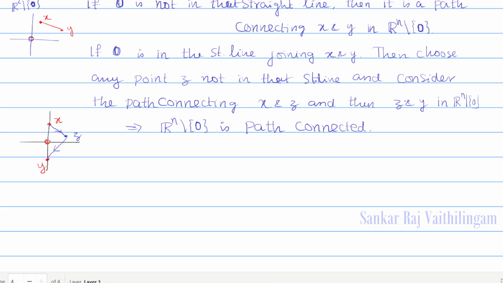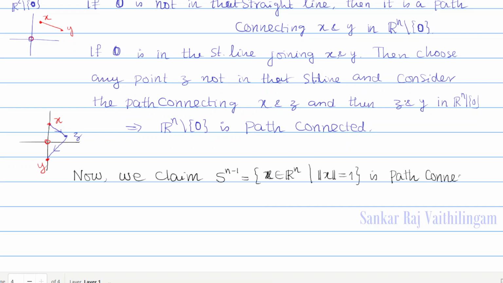Now we claim that Sn minus 1, which is the set of all x belonging to Rn such that norm of x equals 1, is path connected.